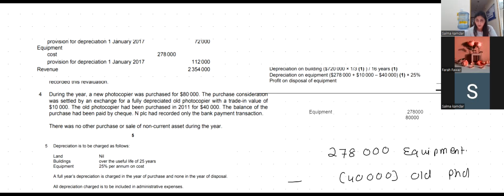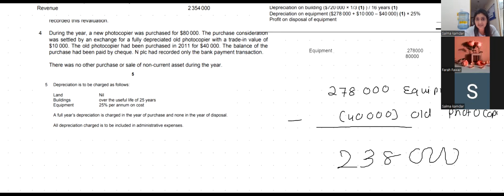So now what is the cost of the remaining things that you have? 238,000. 238,000 is the cost of the remaining photocopier that you have. Now the question arises is that you have to depreciate the photocopier equipments at 25% on cost.